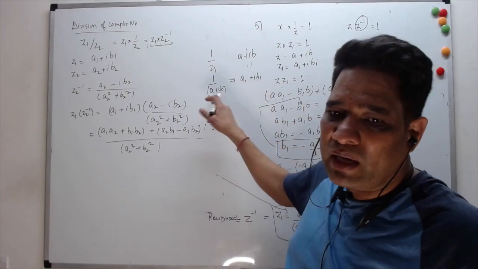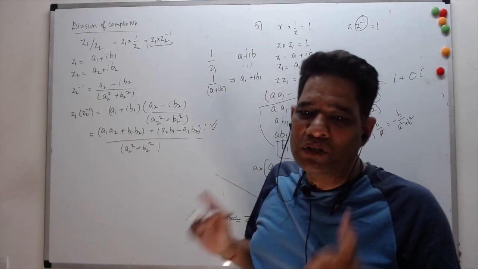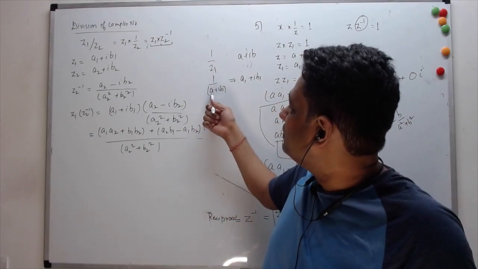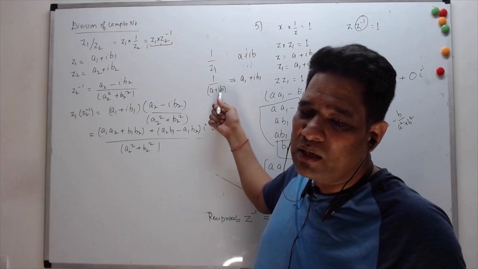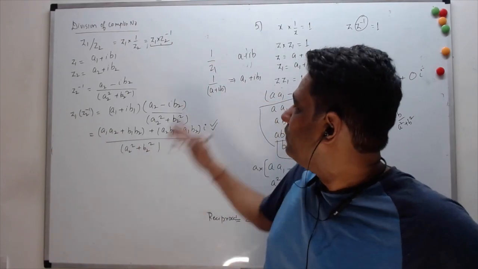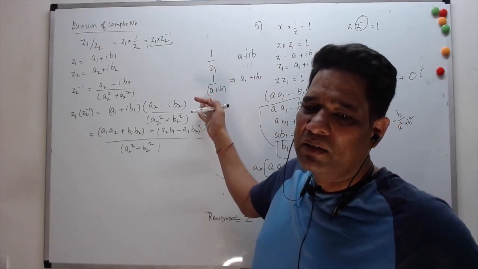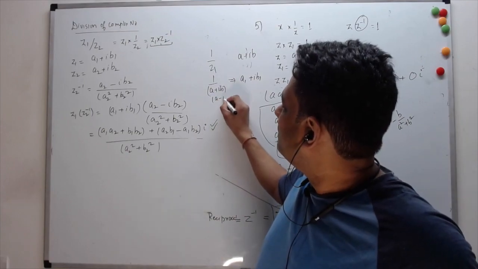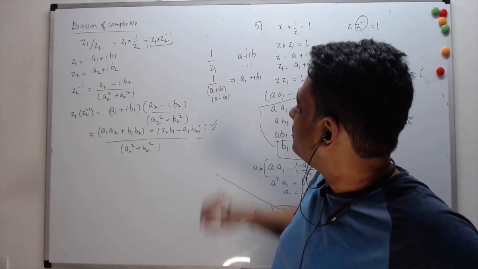For that you need to multiply it with the term where you have the same real part and the negative of the imaginary part, which we call the conjugate. So in order to remove this complex part from the denominator, we multiply with its conjugate, which is a minus ib. We'll cover that one in the next class.